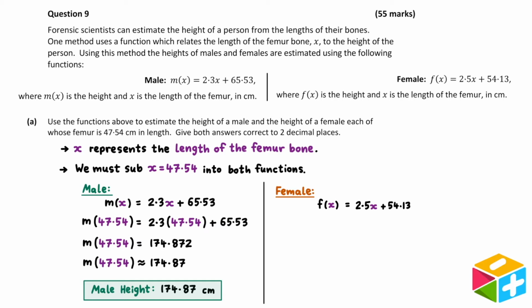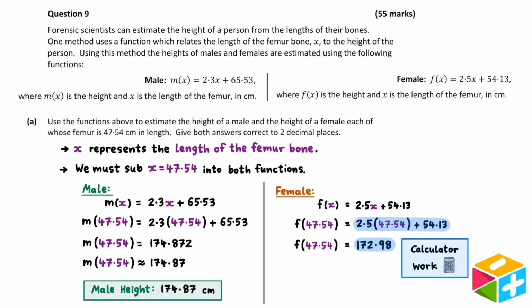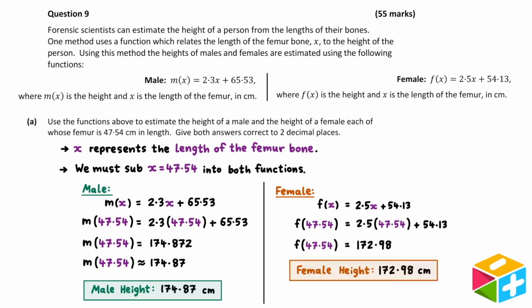Now, let's sub in x is equal to 47.54 into f of x, the function for the height of a female. Rounded to 2 decimal places, our estimate for the female height is 172.98 centimetres.